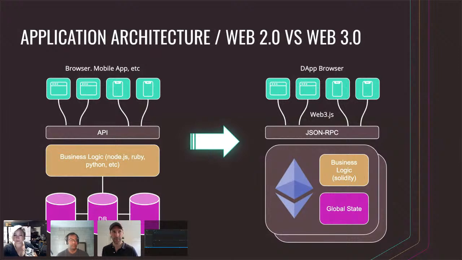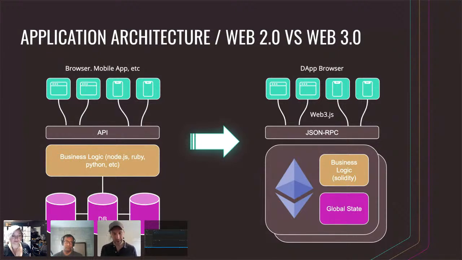Going top down from the green boxes, the interfaces, be that a browser or a mobile application, typically talk to an API, which in turn is brought to life through a web server and business logic and all the things we know, and then persistence to a database, relational or otherwise. Very common, very tried and tested, and all good. That will continue to exist. It's not to say this new world is going to supplant that immediately. But that's the traditional Web 2 way.